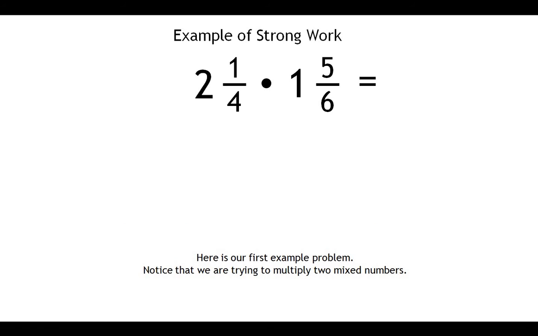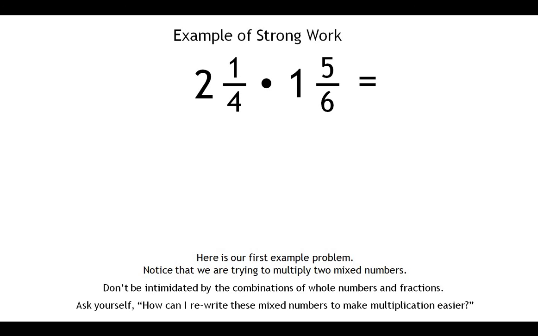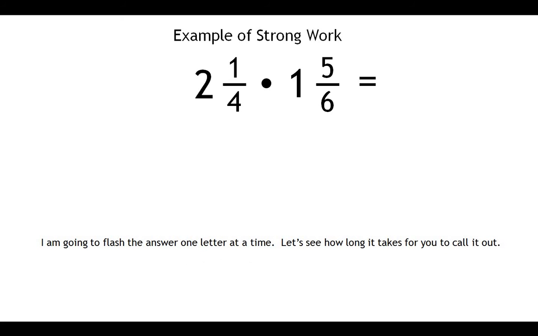Here is our first example problem. Notice that we are trying to multiply two mixed numbers. Don't be intimidated by the combinations of whole numbers and fractions. Ask yourself, how can I rewrite these mixed numbers to make multiplication easier? I am going to flash the answer one letter at a time.